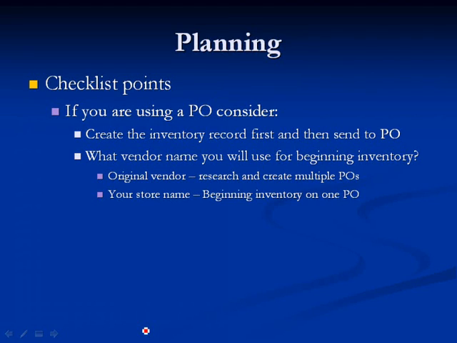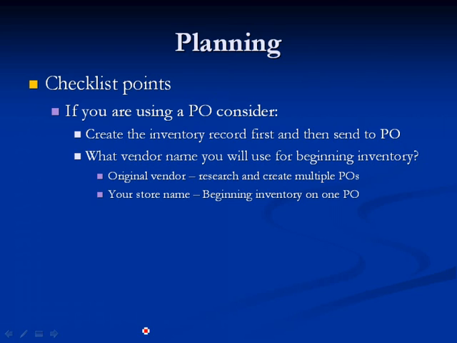Existing stores have challenges that new stores don't. That being that they have inventory that's been there for a long period of time, potentially, and they need to do research to figure out who the vendor was, because they may be using multiple vendors for one item. Which vendor did they get it from, when, how much, etc. So that might be a bit of work.